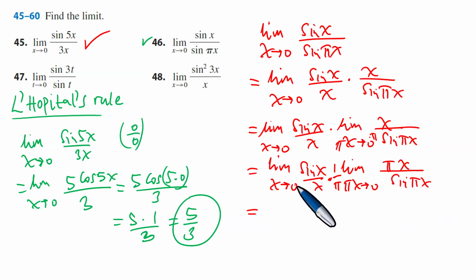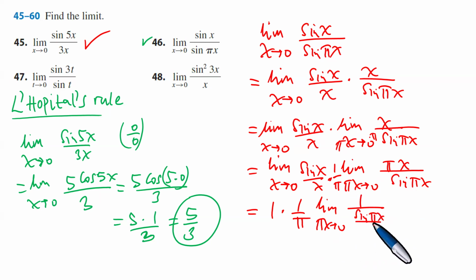So as x approaches 0, this is going to be exactly 1 times 1 over pi. You can still write it as the limit as pi x approaches 0 of 1 divided by the sine of pi x over pi x.